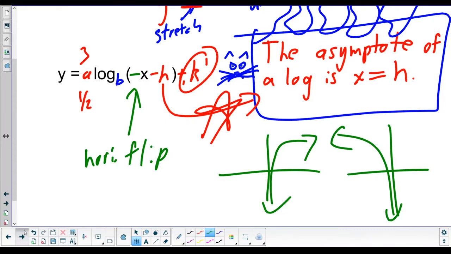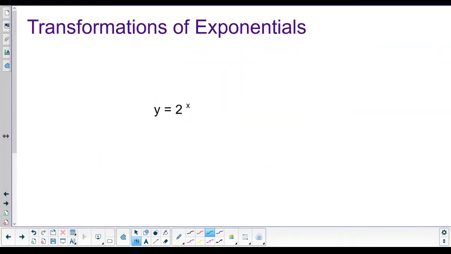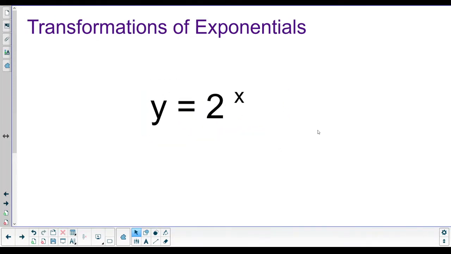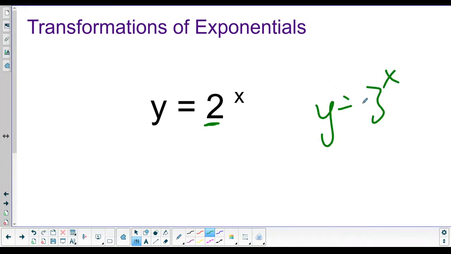All right, let's talk about transformations of exponentials. Let me make this a little bit bigger so it's easier for me to write on. All right, so this is your base. Same thing with bases of logs. This isn't really going to change. They're not going to say compare the transformations of y equals 2 to the power of x to y equals 3 to the power of x.